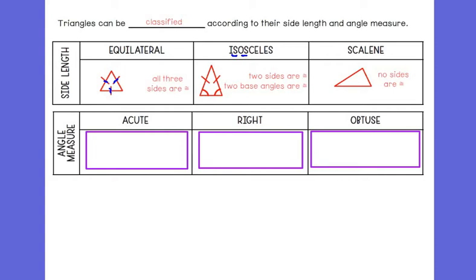No. So an acute triangle has how many acute angles? 3 acute angles. That is how you know it's an acute triangle. It has 3 acute angles.